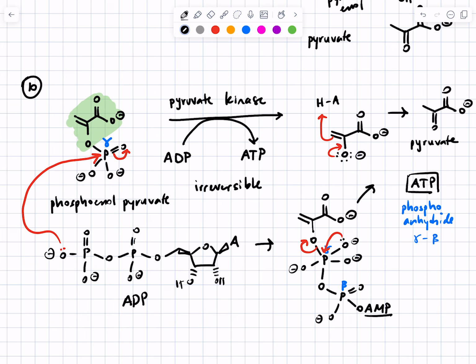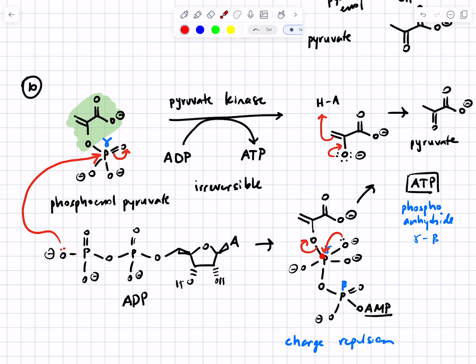And if you think about why it's a good leaving group, there are two things to ponder. The first is to look at all of those negative charges in this intermediate. Notice that you've got the pentavalent phosphorus that has 3 negative charges on it, and it's real close to the negative charge on the carboxylate.